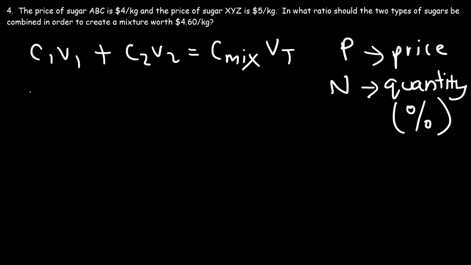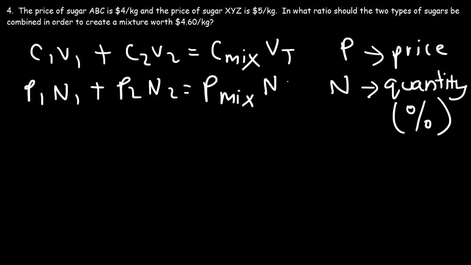Thus, our modified equation becomes P1 N1 plus P2 times N2 is equal to the price of the mixture times the total quantity in the mixture. So P1, that's $4 per kilogram, and P2 is 5, and the price of the mixture is $4.60. But now what is N1, N2, and N total?